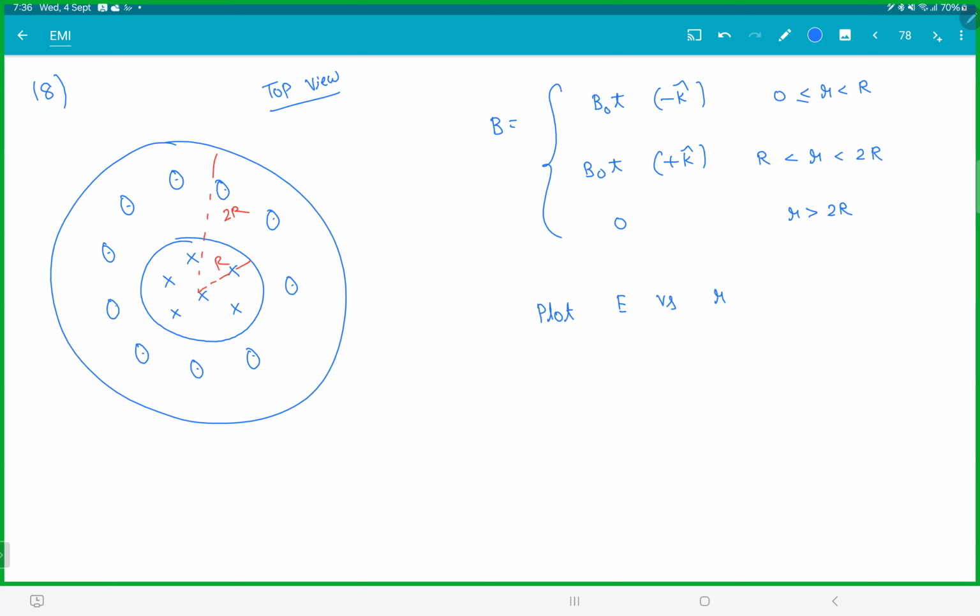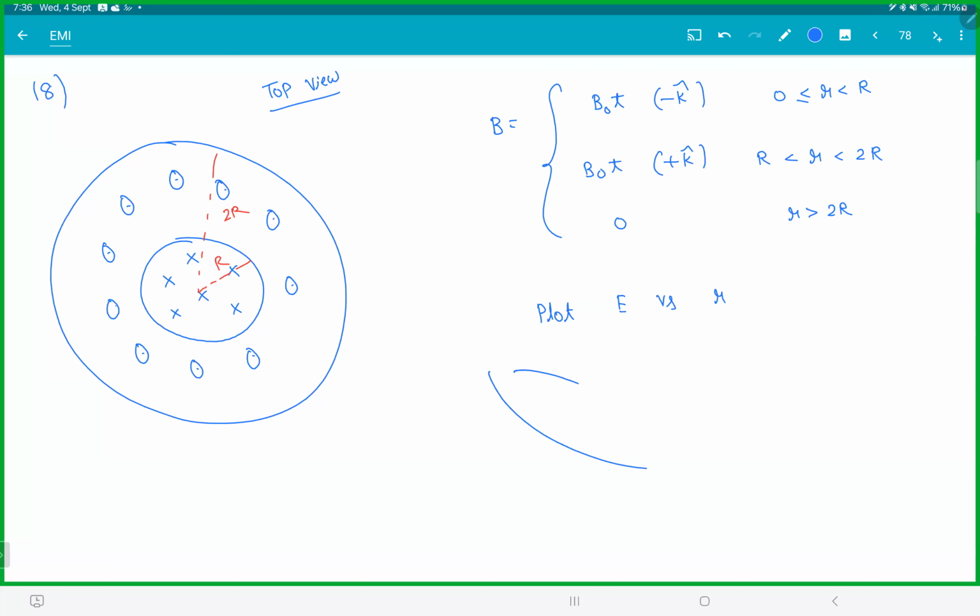There are three parts to the graph. But how will the graph from r to 2r look? We know it is decreasing.